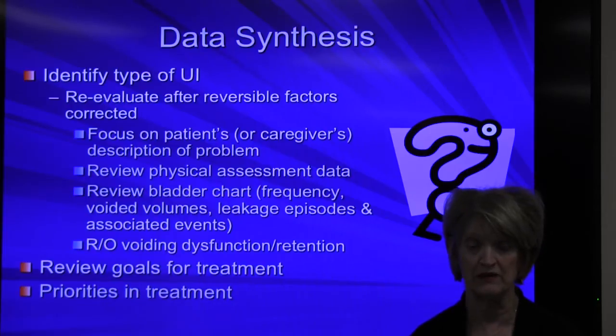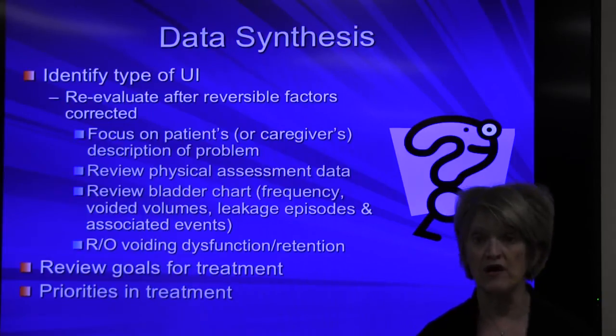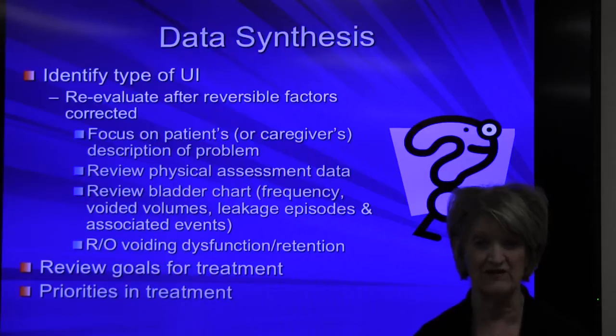Now, some patients will present with combination problems, so they might have stress and urge. Or they might have problems with urgency and frequency and leakage, but they also have problems with ineffective emptying. How do you prioritize? You begin by treating any condition that could technically threaten the kidneys.